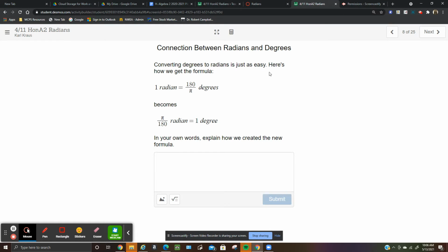Converting degrees to radians is easy. 1 radian equals 180 over pi degrees, which becomes pi over 180 radians equal 1 degree. How can we create the new formula?